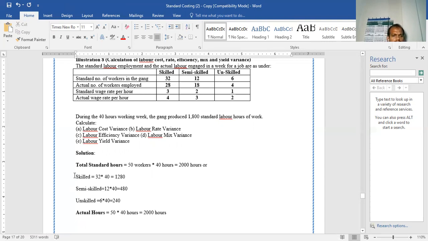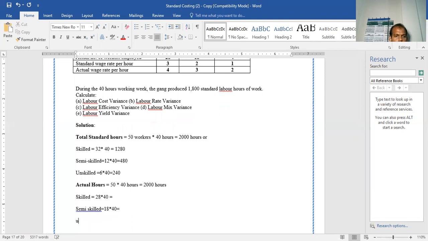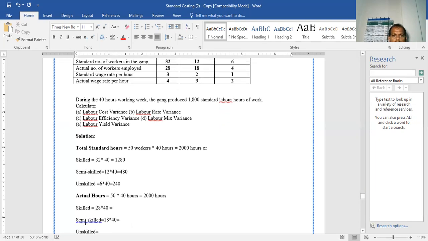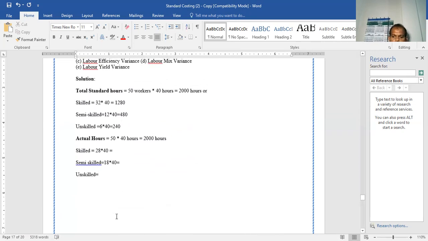Coming to skilled, 28 into 40. Semi-skilled, 18 into 40. Unskilled, 4 into 40.